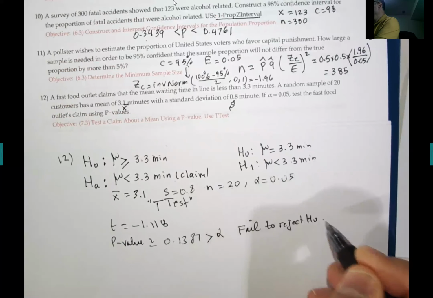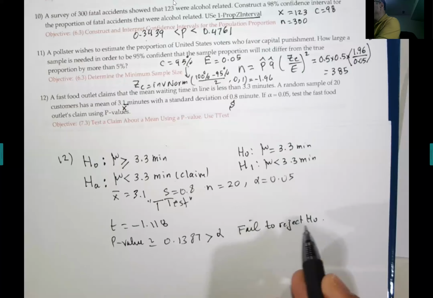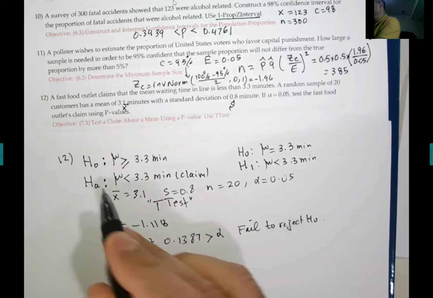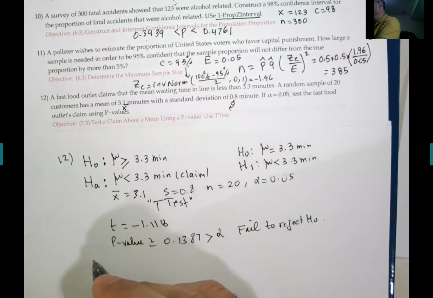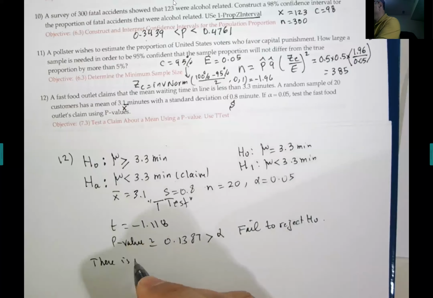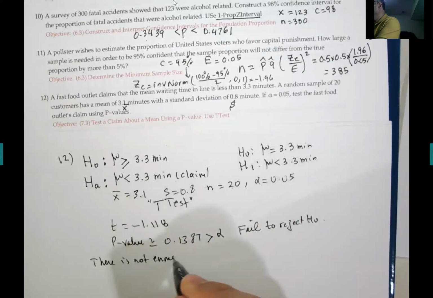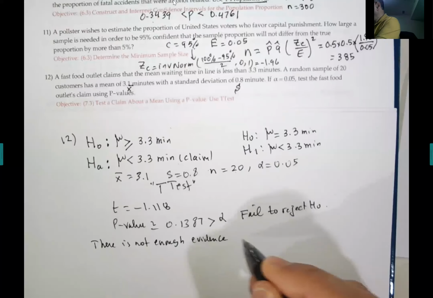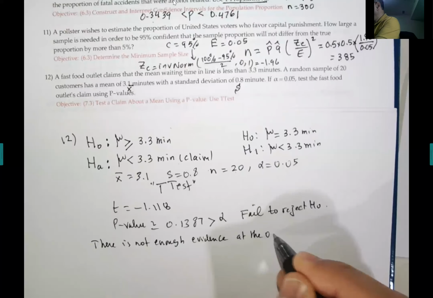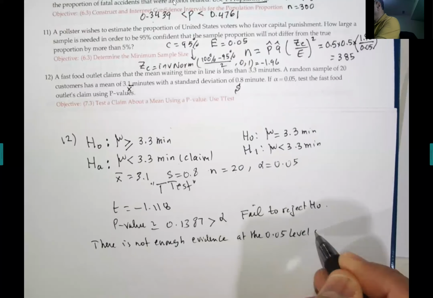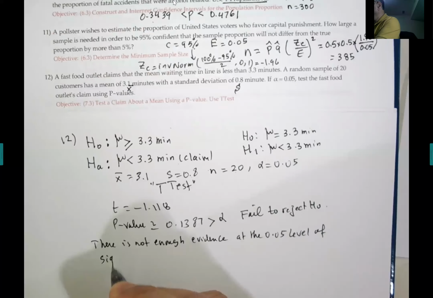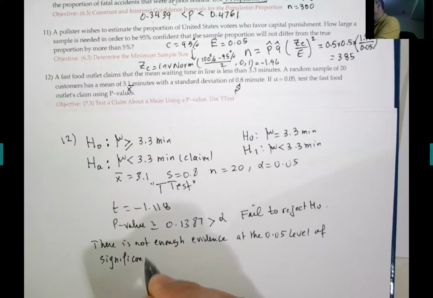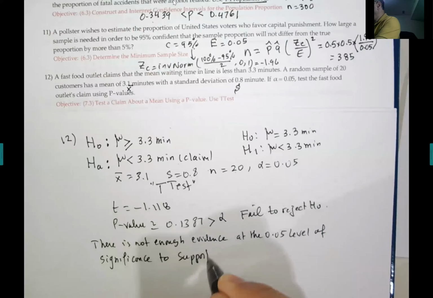And if you fail to reject the null hypothesis and the claim happens to be in the alternative, you cannot support the claim. So you say there is not enough evidence at the 0.05 level of significance to support the claim. We're saying we cannot support the claim.